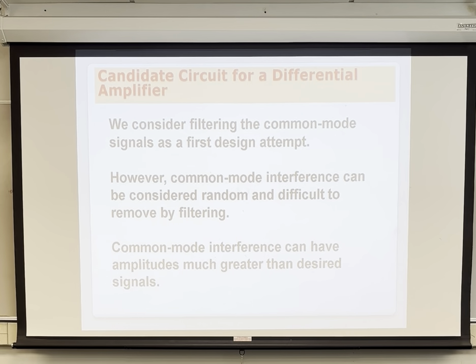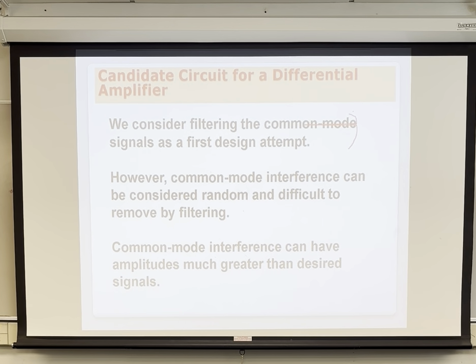So the first design attempt is to design an active low-pass filter, and we did that. Let's say the common mode is 30 kilohertz. Then suddenly the common mode changes to 8 kilohertz. Now you've got to go back in and redesign the filter, and if the common mode changes again to 60 hertz, now you have to change it again.